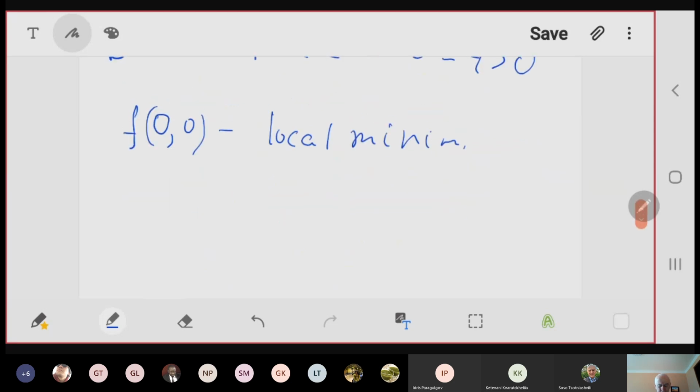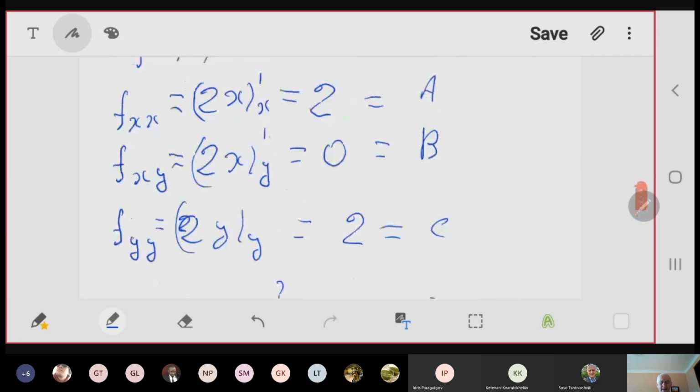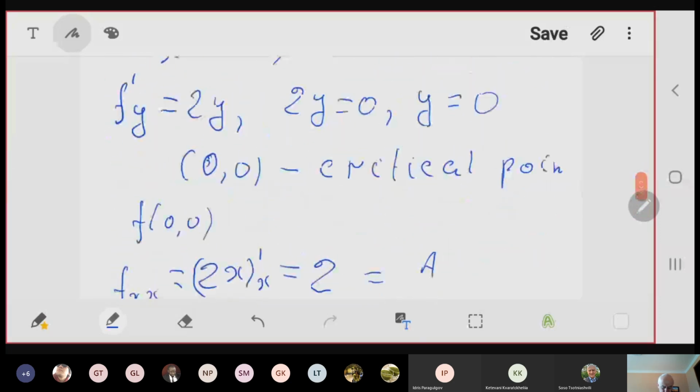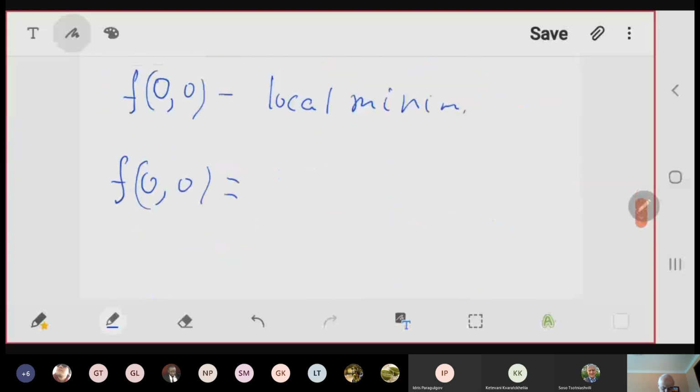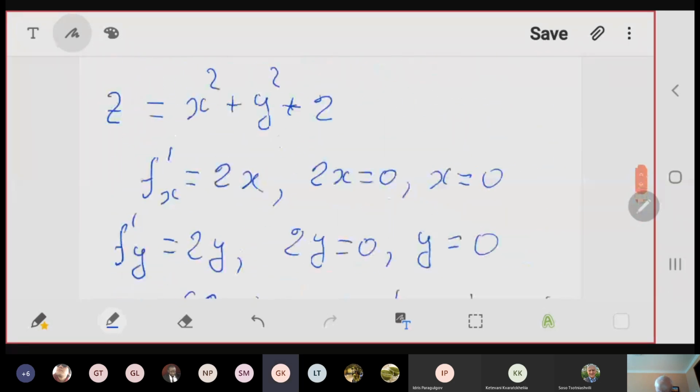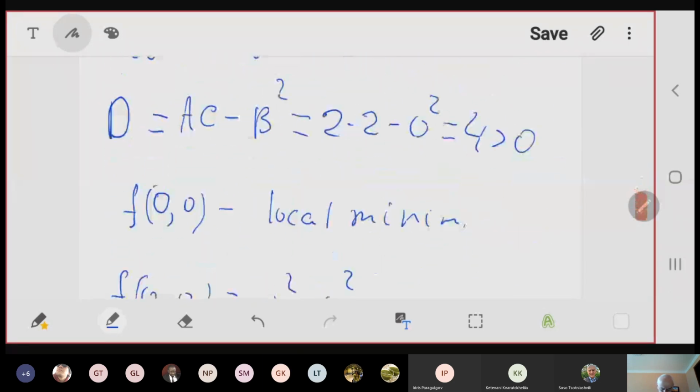Now, if we want to find this local minimum value, any idea of how we can find it? We need just to replace x and y by zeros in our original function. So it's going to be 0 square plus 0 square plus 2.